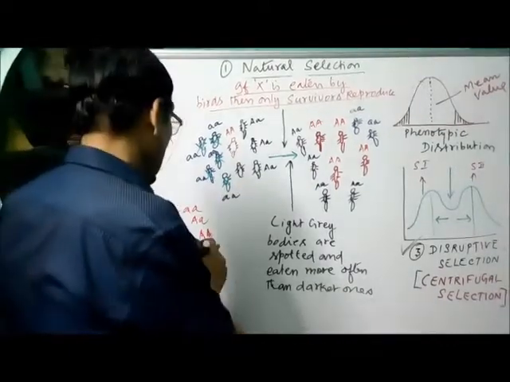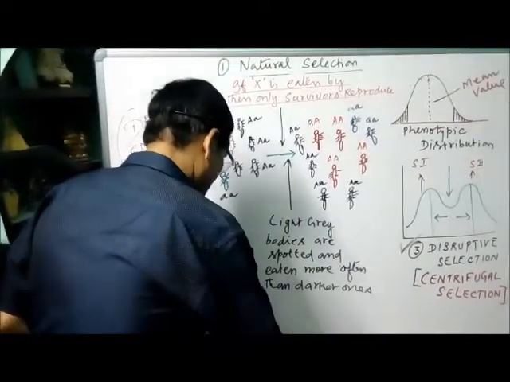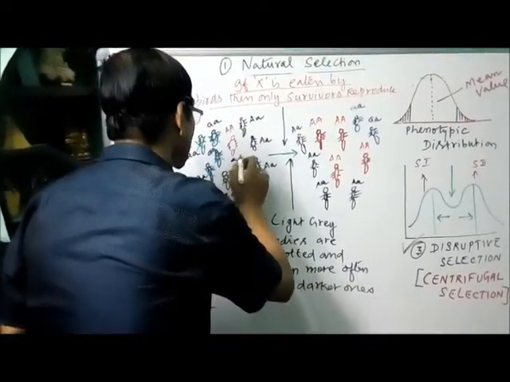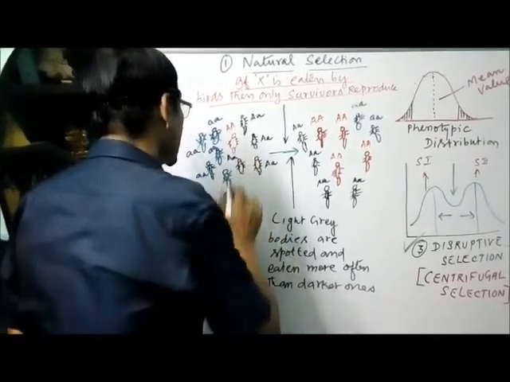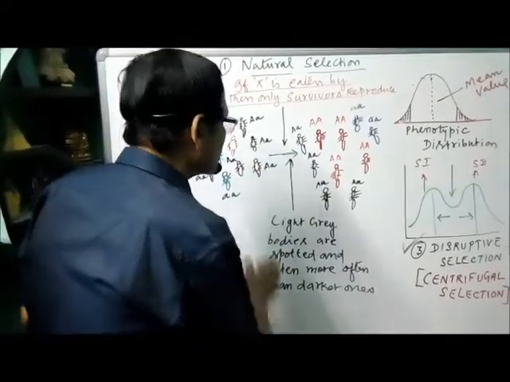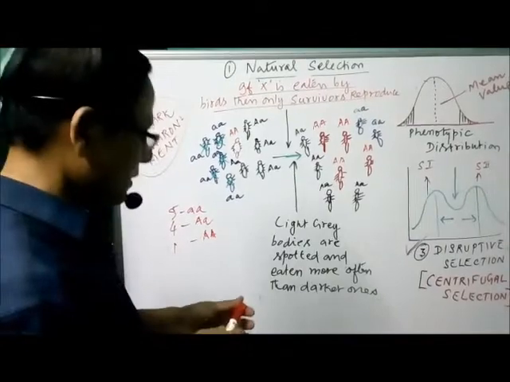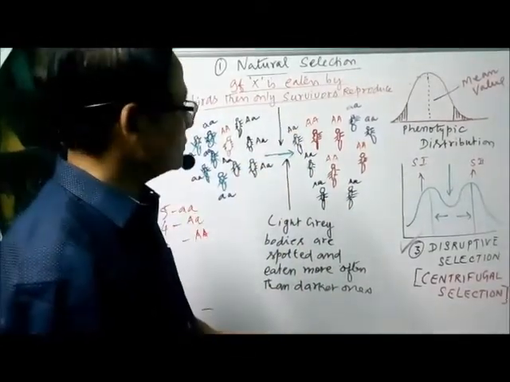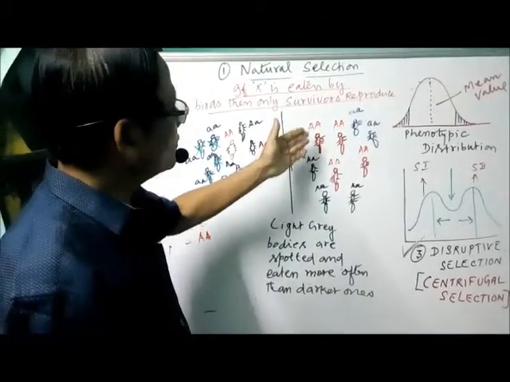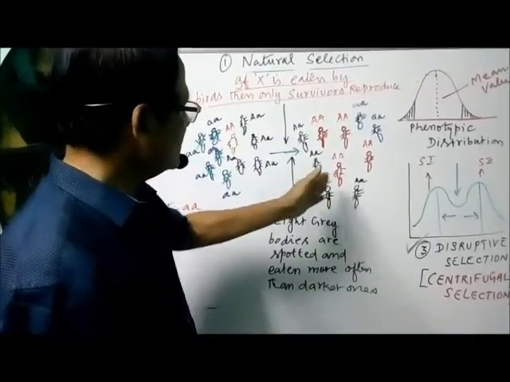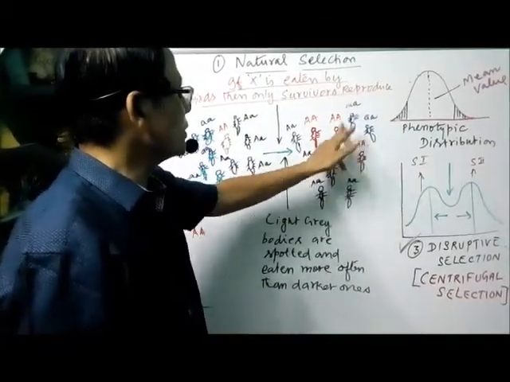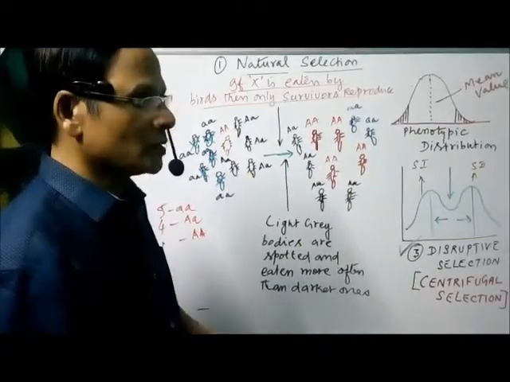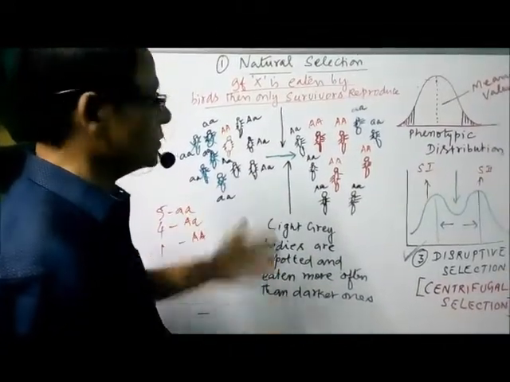This one is also heterozygous dominant. So they are transferred to the next generation. They produce more individuals with more heterozygotes and also more homozygous dominant, and the least number of homozygous recessive, because the number has been reduced.